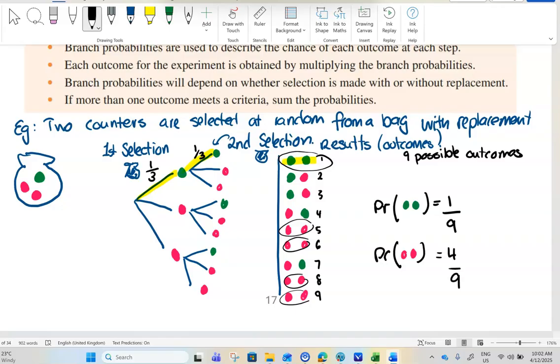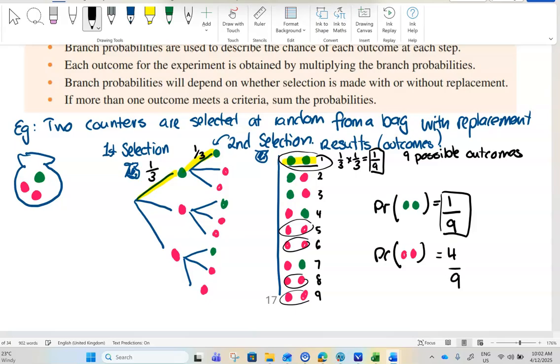When you do a tree diagram and you're working out the probability of this option, you do the probability of the first selection times the probability of the second selection. So 1/3 times 1/3. Do you remember when you do fractions, you times across the top? So 1 times 1 is 1, and you times across the bottom, 3 times 3 is 9. Is that what I end up with? Yeah.